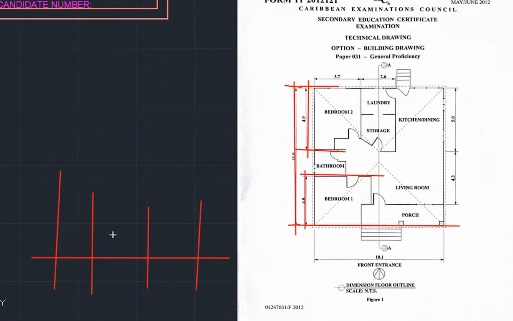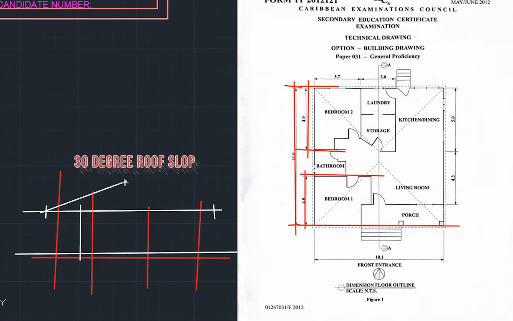After that, I'm then going to set up my height. Remember, my floor to the ring beam height. I'm going to do that. Then once I've done that, I remember that my overhang is 450, so I can come here, put up my 450, and set up my roof.